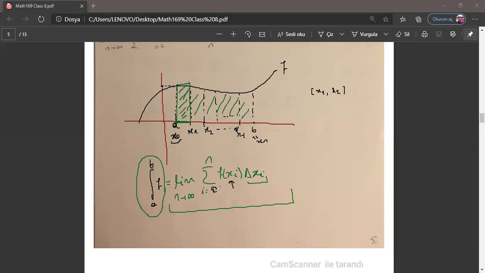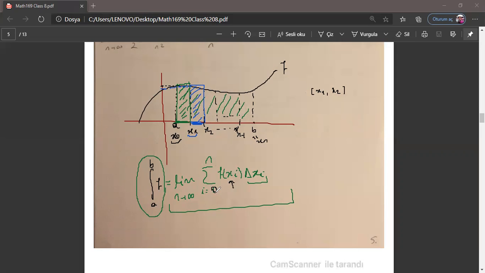Then we pass to the next value of i, which is 1. Again, the length of this subinterval is this, and we multiply it by the value of f at x1, because this is the left endpoint of this subinterval. So now we have this rectangle. Then we pass to the next value of i, which is 2.